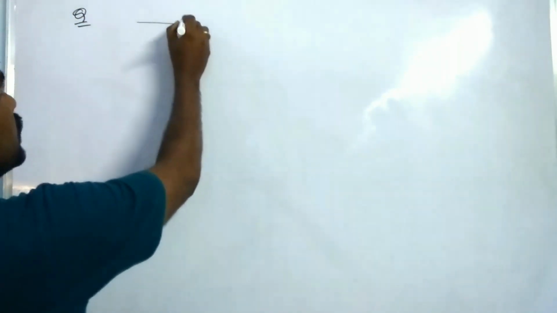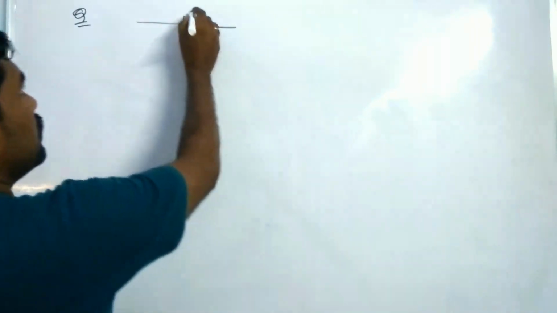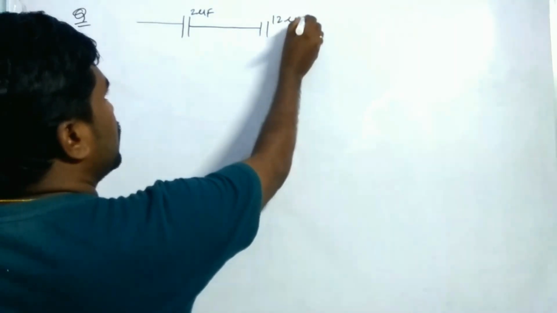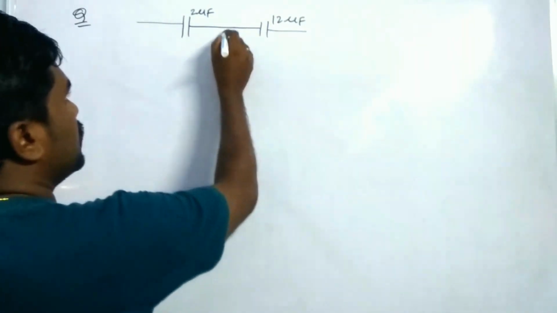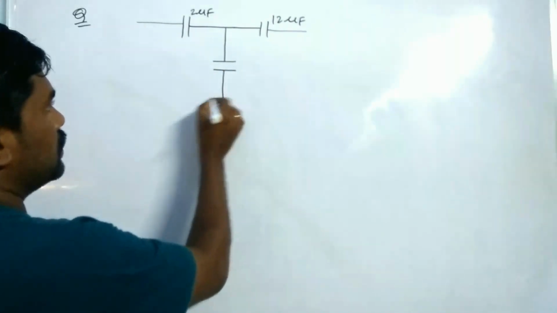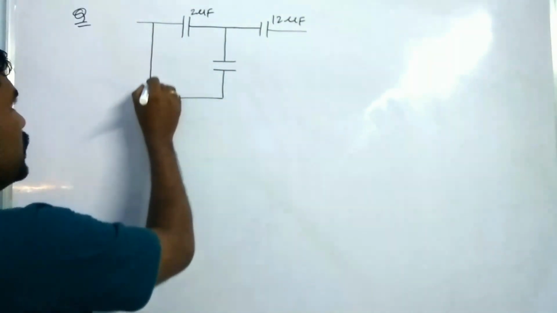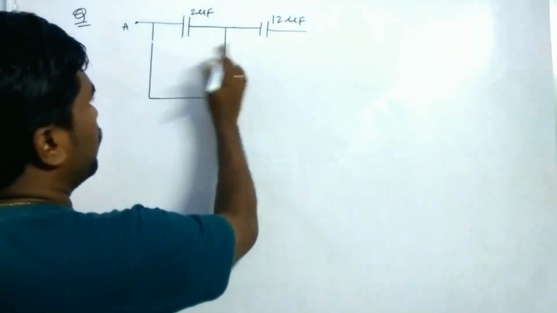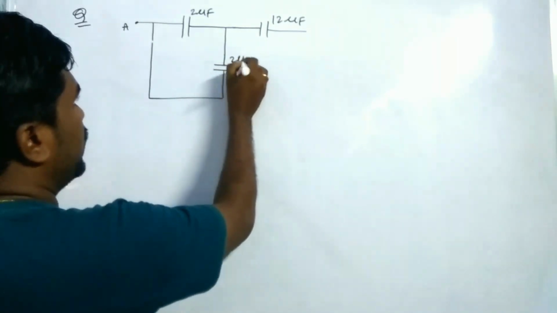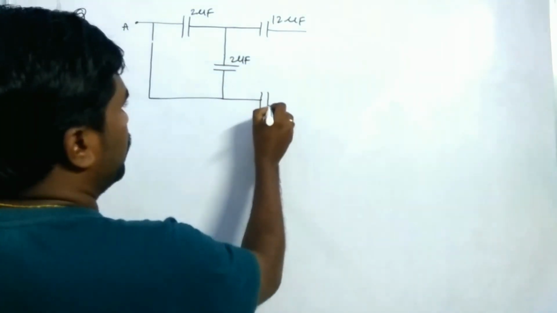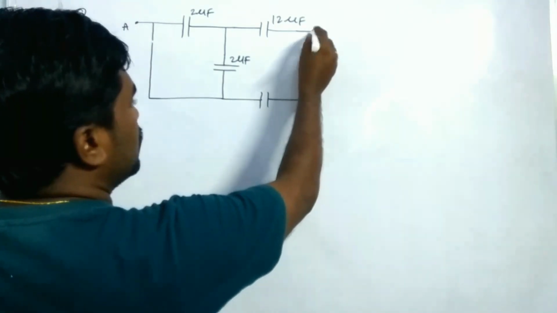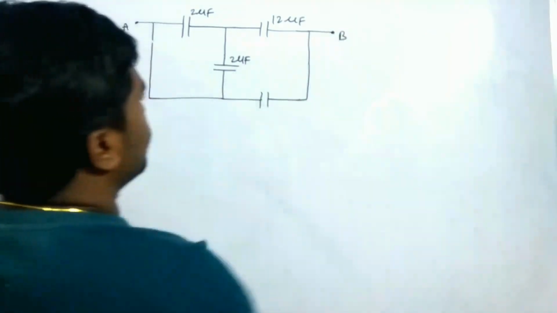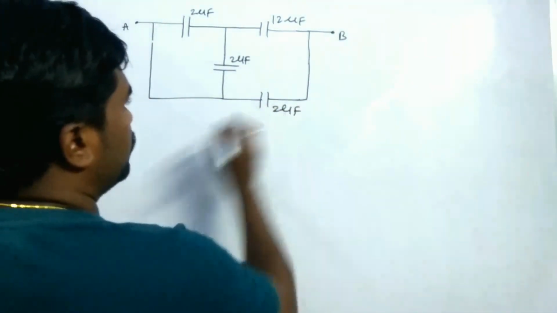Here there is a capacitor of 2 microfarad, and one more capacitor of 12 microfarad. Another capacitor is connected to the first capacitor. This is point A, with 2 microfarad. And here there is a capacitor, this is point B, of 2 microfarad.